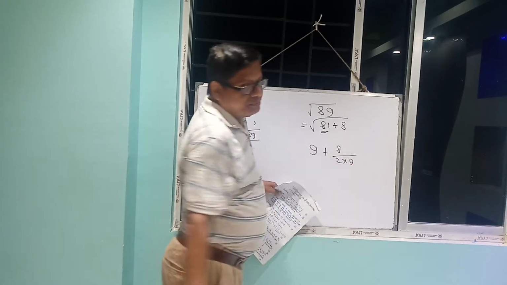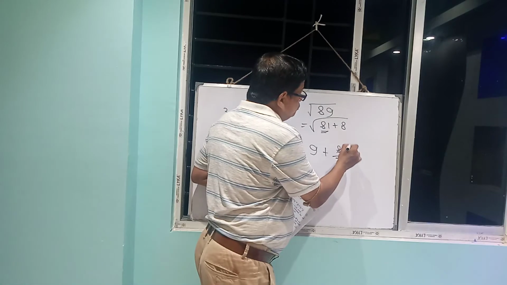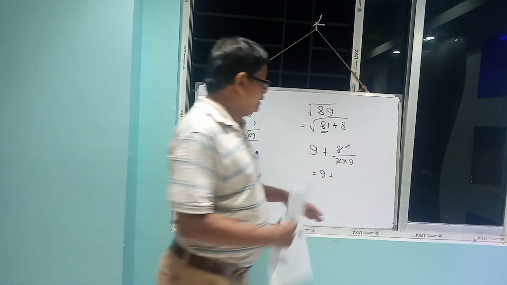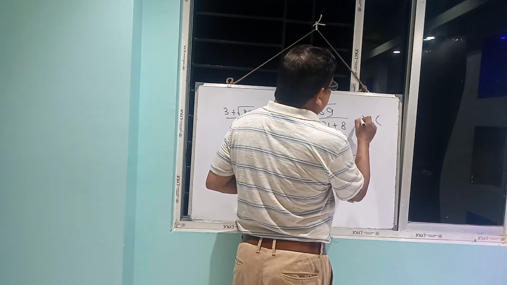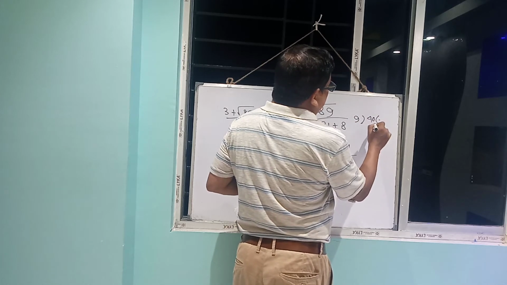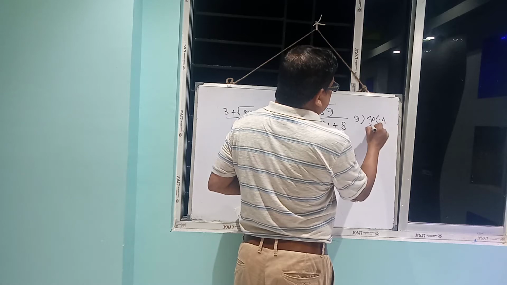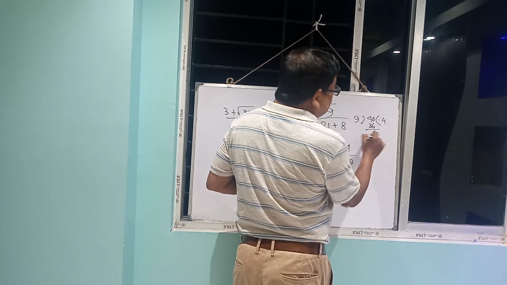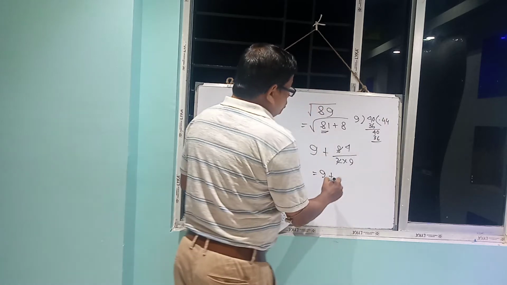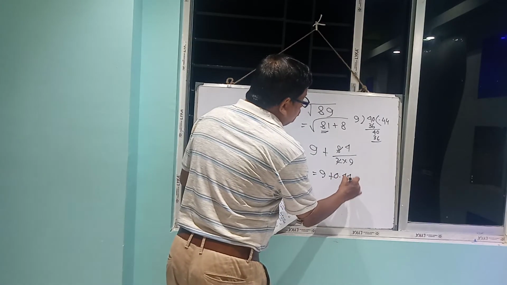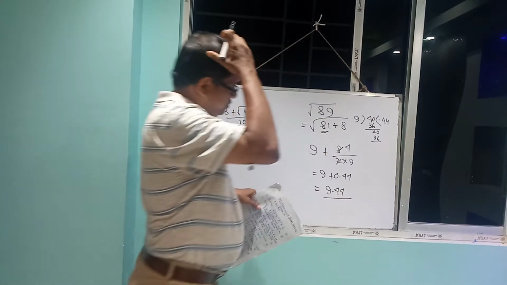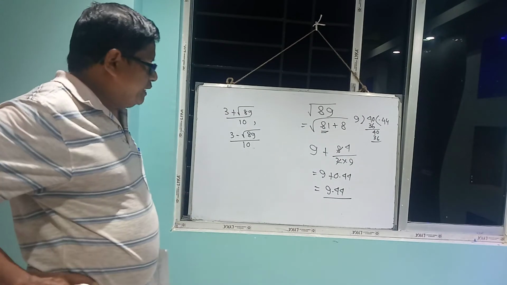So 9 plus 4 by 9. 4 by 9 you know to divide: 0.44. So 9.44. Understood? 9.44.